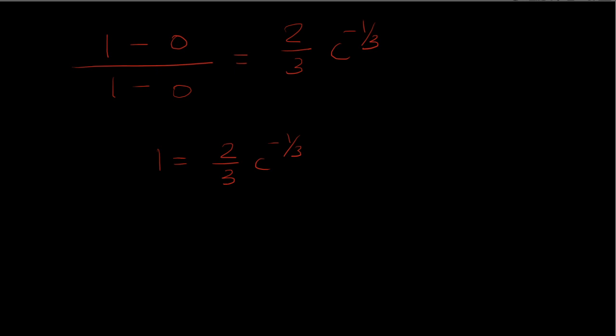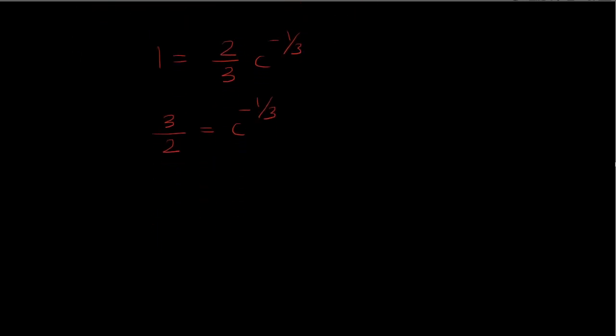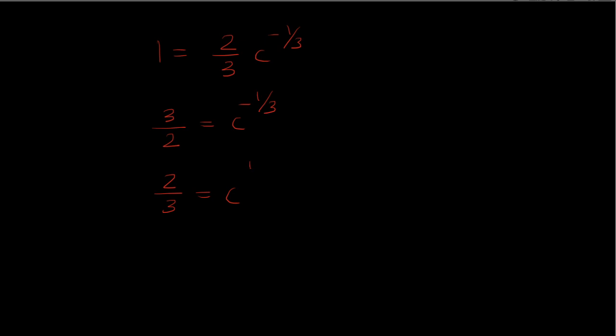I'm going to bring the 3/2 over, so multiply both sides by 3/2. And here I'm going to flip both sides. Flipping will cause the negative to disappear in the exponent. And finally, I can cube everything.